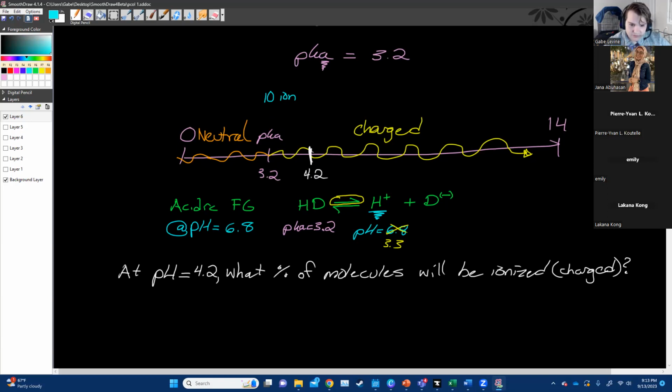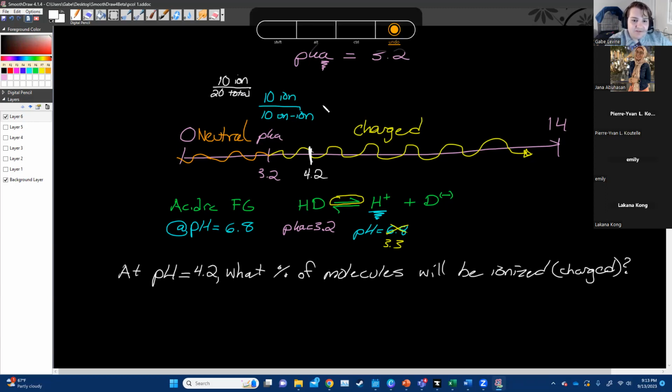Acidic form, basic form. Ionized is a fancy term for charged. If we wanted to take a percentage, we would say that we have 10 ionized out of 20 total molecules, because we have 10 ionized, 10 unionized, which means 50%.